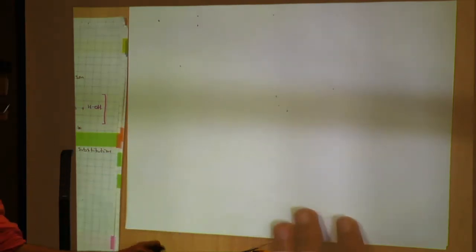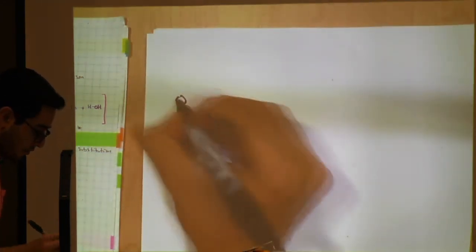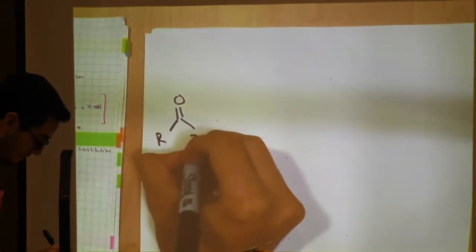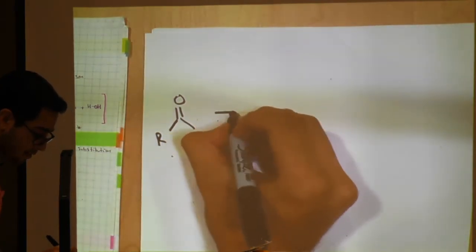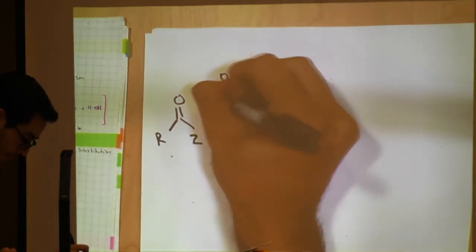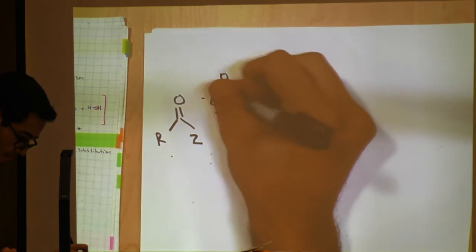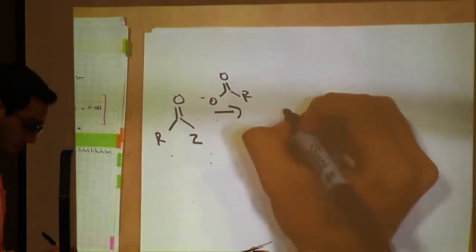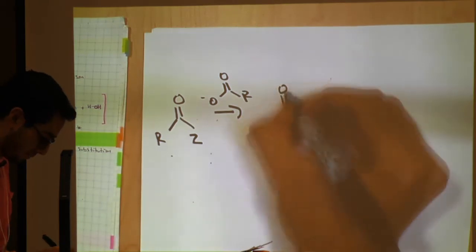So let's look at some general products from here. Just an overall review of what you need to know based off of nucleophilic acyl substitution is that if you react this with that, you're always going to result in an anhydride.